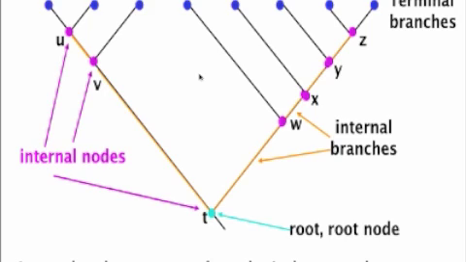And basically what you're trying to represent here is, you can view this in two directions. If you think of a tree going from the present to the past, what you're representing in a tree is the common ancestry of the taxa, or the objects at the tips. And so if you start at the tips of this, we see that G and H share a common ancestor here at this internal node.